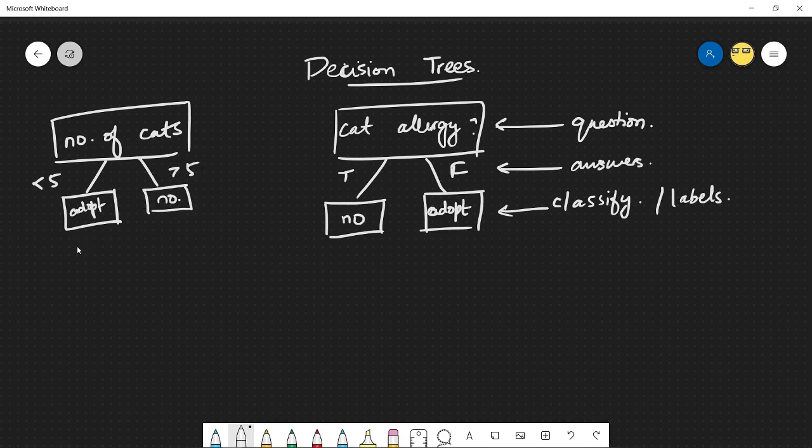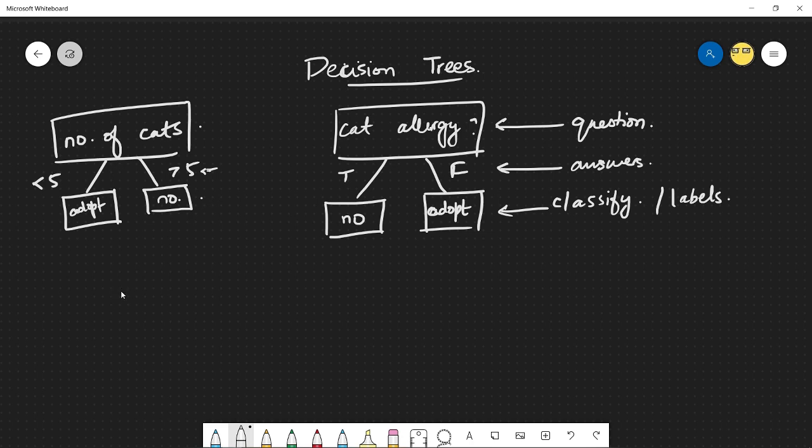So again, based on a value of our numerical variable, we decide to have a cutoff. If the number of cats is greater than 5, I'm not going to adopt a cat, and if it's less than 5, then I am going to adopt a cat. Here I'm still asking a question, and based on the results, I'm classifying my data.